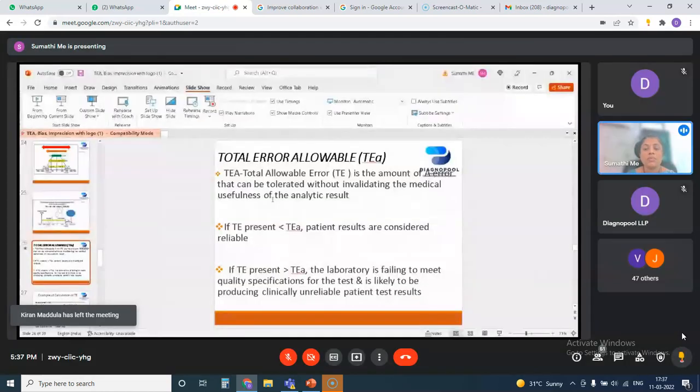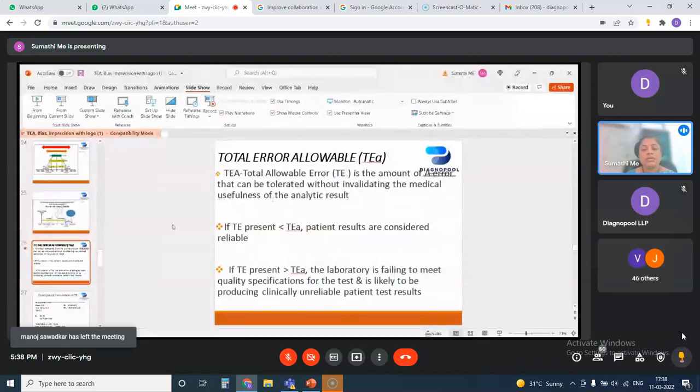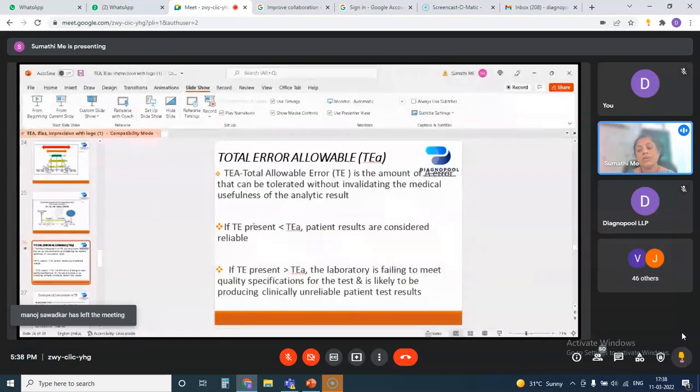So without compromising on the clinical decision values, how much error can we permit in the system. If the total error that you obtain in your laboratory is lesser than your total allowable error, that means your patient results are considered reliable. If the total error in your analytical system exceeds the total allowable limit, that means you are failing to meet the quality specifications of the test result, and it is likely producing clinically unreliable patient test results.